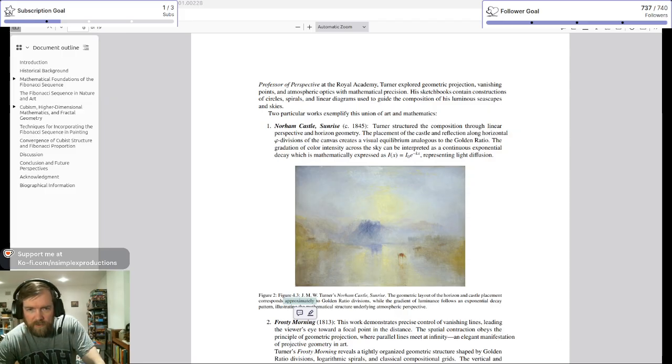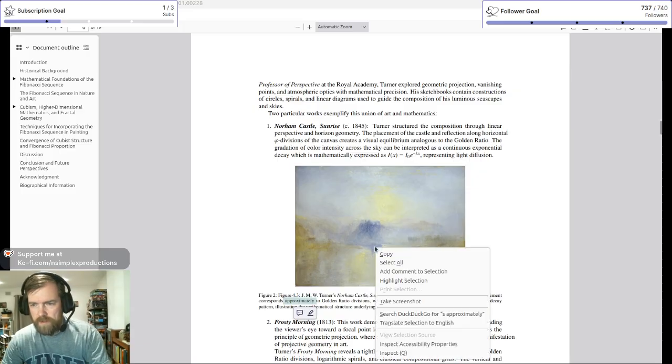I am going to go over to GIMP and pull this in. Okay, so I can copy this.